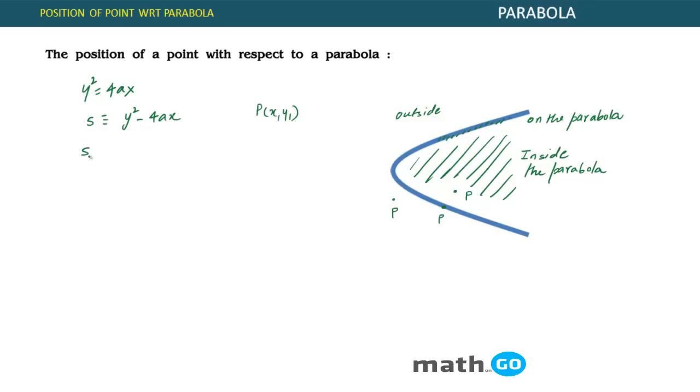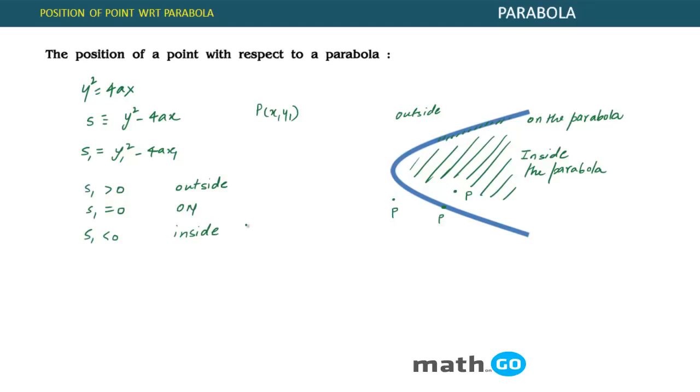So we will determine S1. S1 is this value, by substituting the values of point P in the expression. If S1 comes out greater than 0, this is an outside point. If S1 is equal to 0, it is on the parabola, obviously, and if S1 is less than 0, it is inside the parabola.